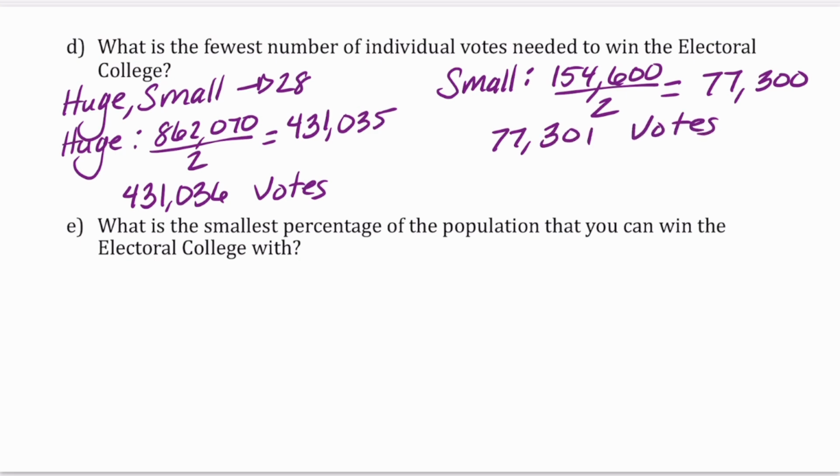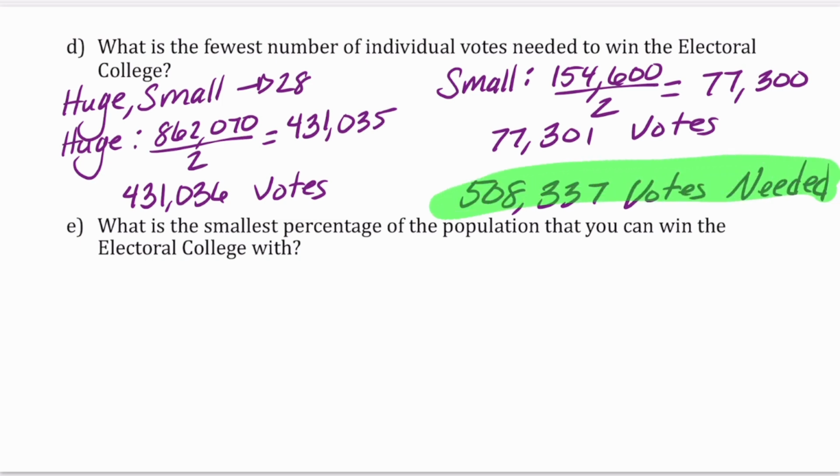If we combine those two numbers together, we will get that a candidate would need to receive 508,337 votes to win the election. That is the fewest number of individual votes they would need to win the election.